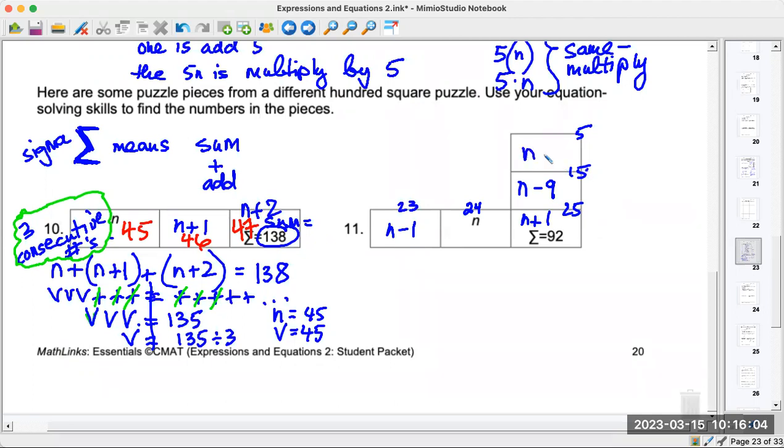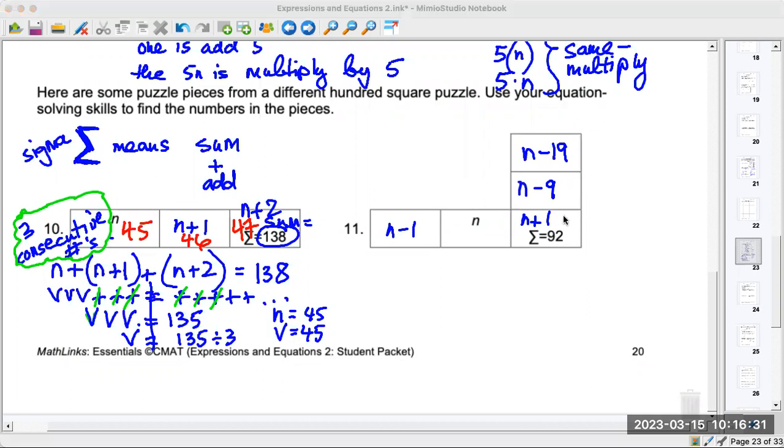And this one is n minus 19. You can work all that out with your calculator because 24, this is my starting point, minus 19 equals 5. So this is how you fill in your expressions. And I'm going to erase the numbers because they are really only there to help me figure out my expression. Okay, now I have that.